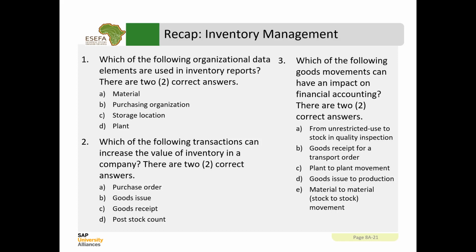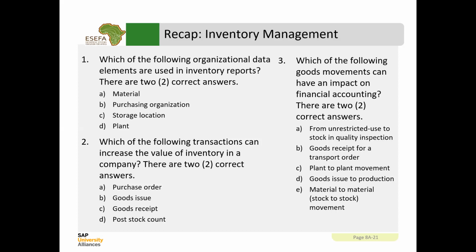So D is off. It's the most obvious. Goods issued to production will not have any financial impact. We have just two options left, A and E.